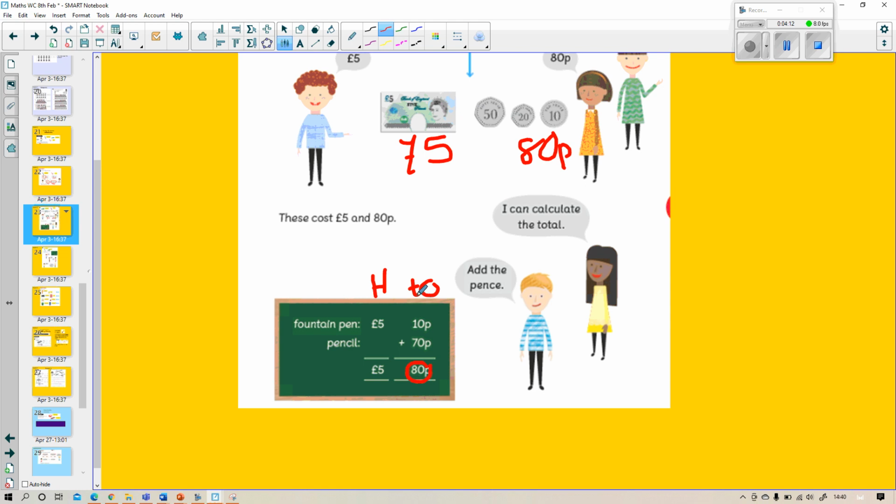They can stay in the tens column. But if our 80 got to 100, it would fall over into our 100 and we would rename it. It would become too big to fit in the tens column, so we would rename it as 100, and when we're talking about money, that would be another pound.